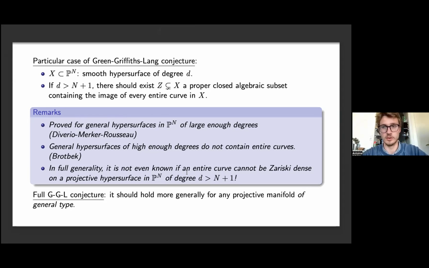And so, to state the full Green-Griffiths-Lang conjecture, it says that this statement, the fact that there exists a proper closed algebraic subset containing all entire curves, should hold for any projective manifold of general type. And here, of course, for a hypersurface, this amounts exactly to this condition. And just for people who are familiar with it, being of general type, by definition, is having the canonical bundle big.